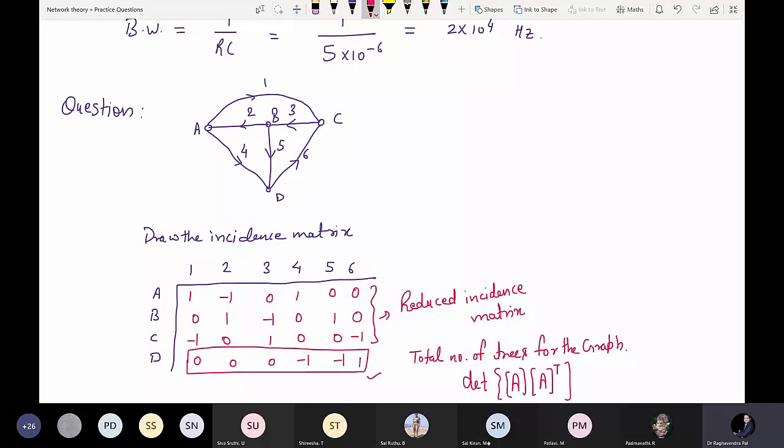What does it mean? It means the determinant of the reduced incidence matrix multiplied by the reduced incidence matrix transpose. If you do that and calculate the determinant, you will get the total number of trees for the graph.